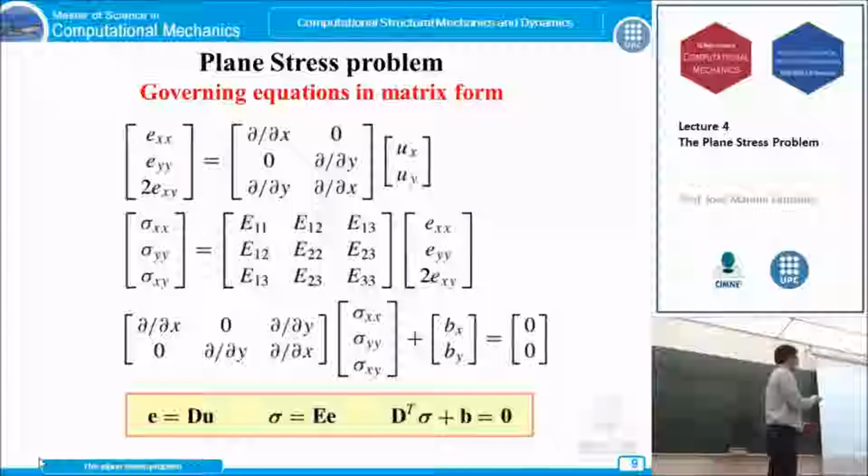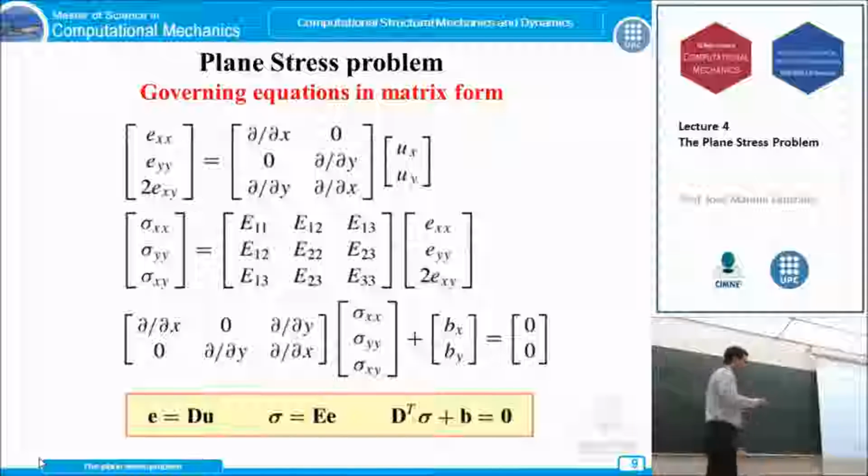Well, those were our magnitudes, strains and stresses and displacement, and now we have the governing equations. The governing equations are the same as in the bar element, so we have a similar Tonti diagram which is equal for any problem. This is what I wanted to say. We have the same steps trying to solve the problem.